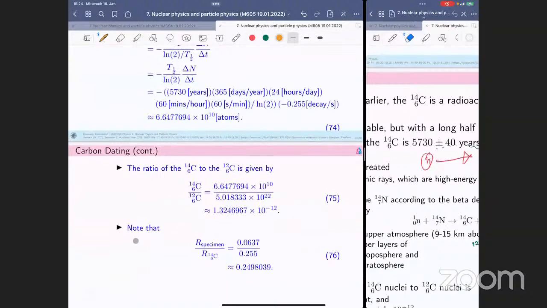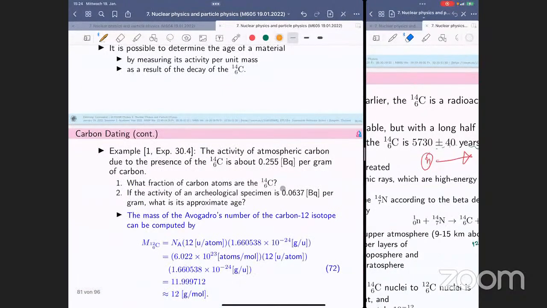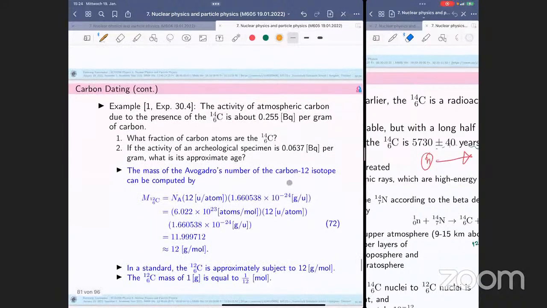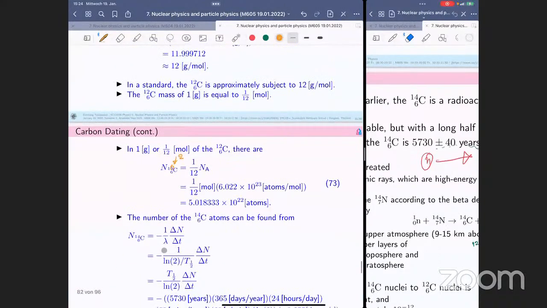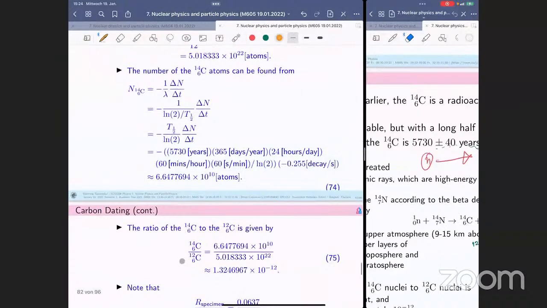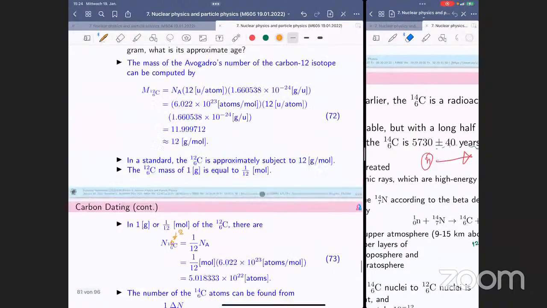And yes, this is the ratio. So the rate of change of the specimen is 0.0637, which is this value. They say the activity of the specimen is 0.0637, but the rate for carbon 14 is 0.255.